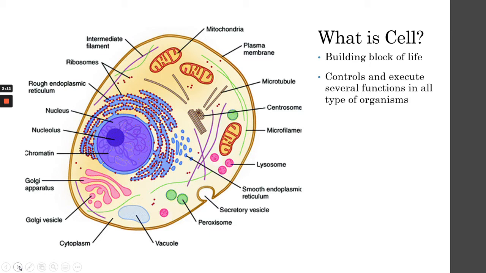Cells are also important for controlling and executing several functions in an organism. A living person or a living organism is alive because of the various functions that their cells are carrying out. So imagine, such a tiny part of an organism is very important for that organism to continue living.